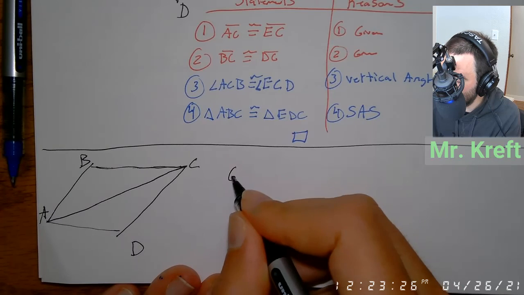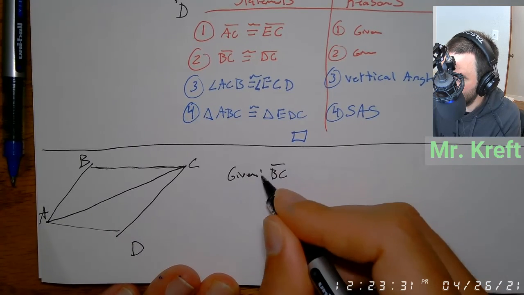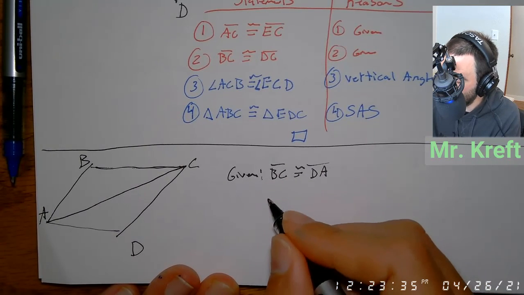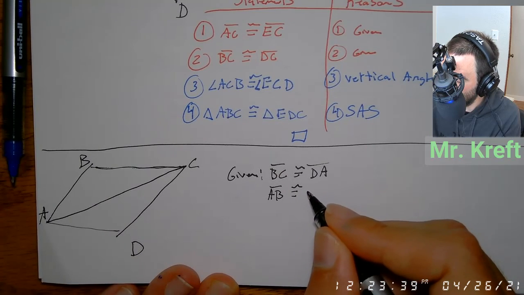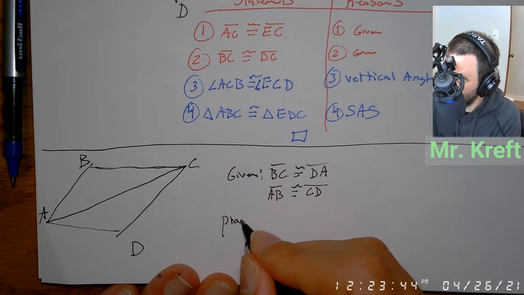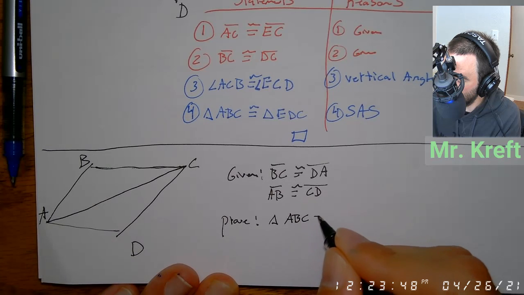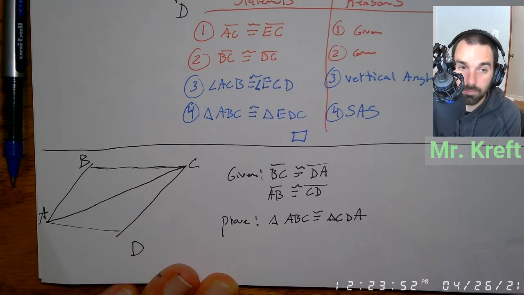Okay, just really quickly. Given that segment BC is congruent to segment DA and that segment AB is congruent to segment CD, I want to know that triangle ABC is congruent to triangle CDA.